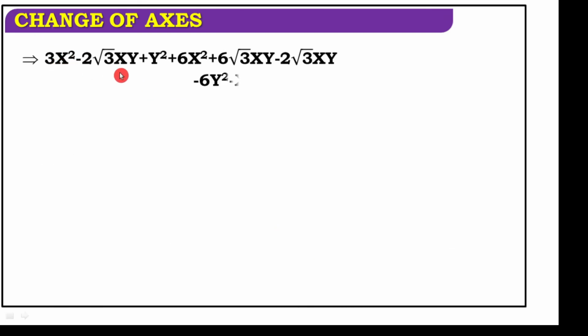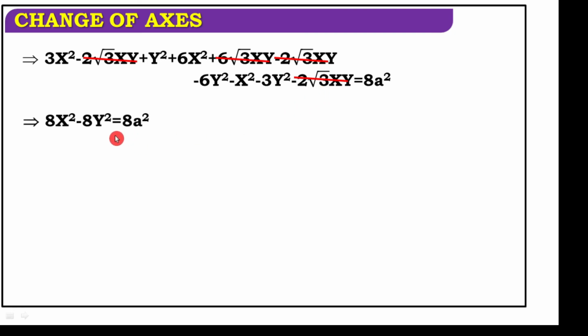So 3X square minus 2 root 3 XY plus Y square, first term as it is, 6X square plus 6 root 3 XY minus 2 root 3 XY minus 6Y square. Okay, here the 2 root 3 XY terms get cancelled. So what remains? 3 plus 6, 9 minus 1, 8X square, 1 minus 6 minus 3 is minus 8Y square equals a square. So both sides 8 and 8 get cancelled, X square minus Y square equals a square.